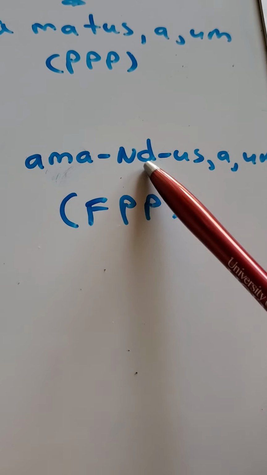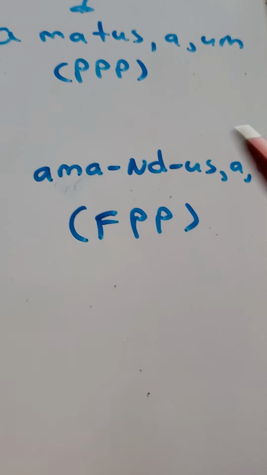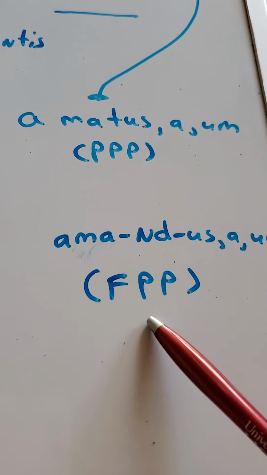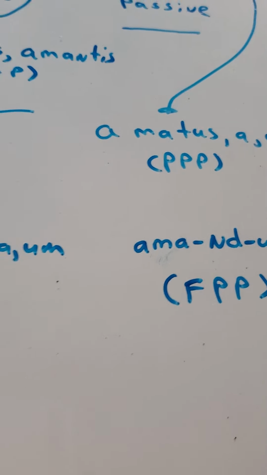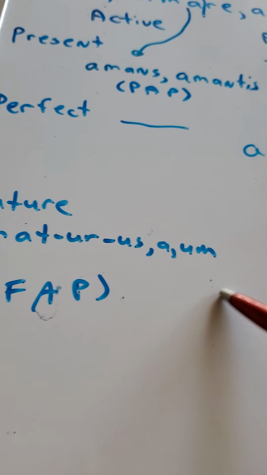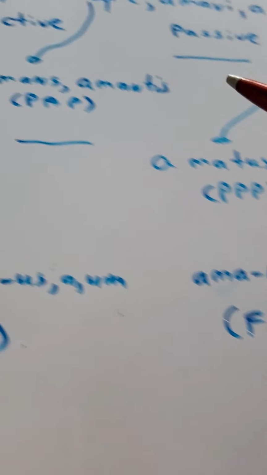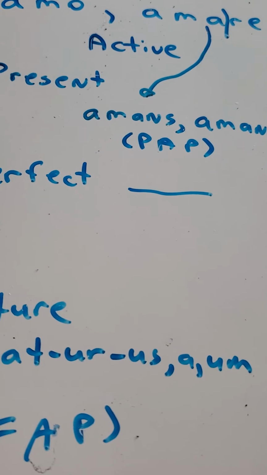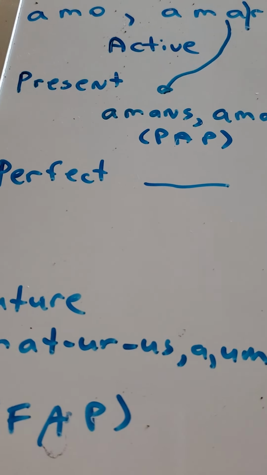So the ND is the designation for a future passive participle. So we're going to work with those. They're all declined like a first and second declension adjective, all of these except for the PAP. They're declined like a third declension adjective.